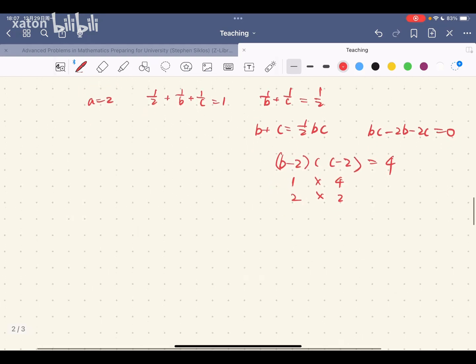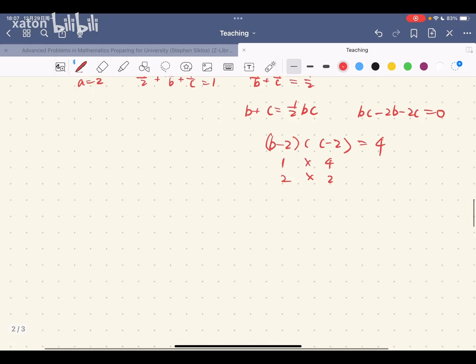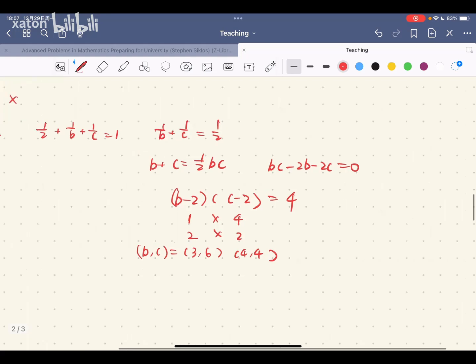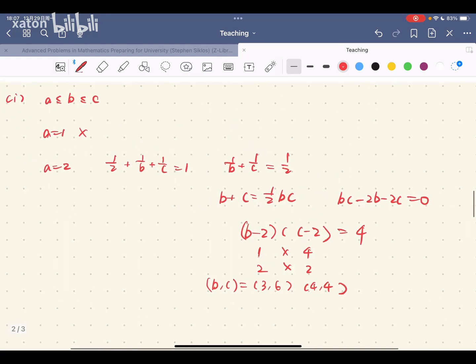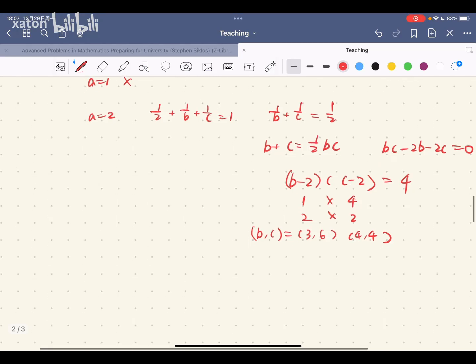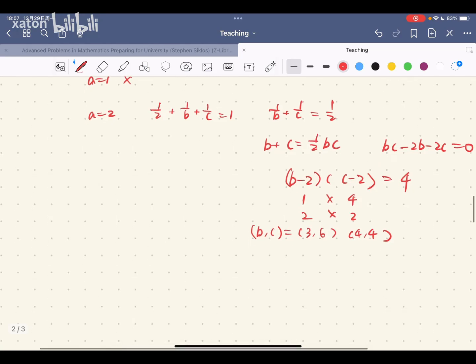This gave us (b, c) equal to (3, 6) and (4, 4). No other solutions, of course. So for a equals 2 we have 2 solutions.